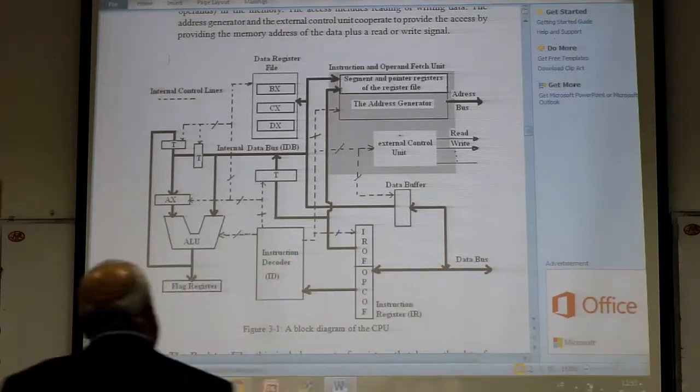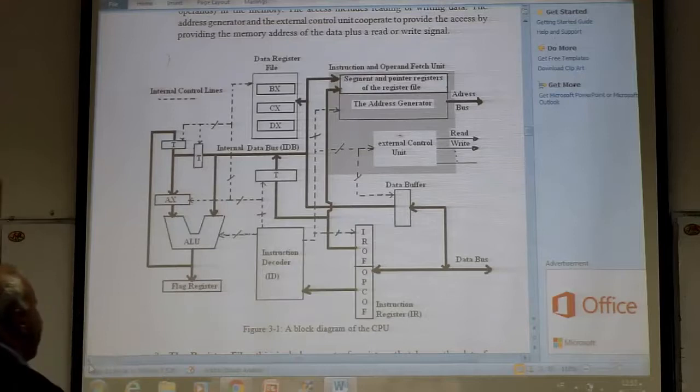So the first thing we see up there is an instruction and operand fetch unit, and we call it the address generator. Now this function we'll come back to later.